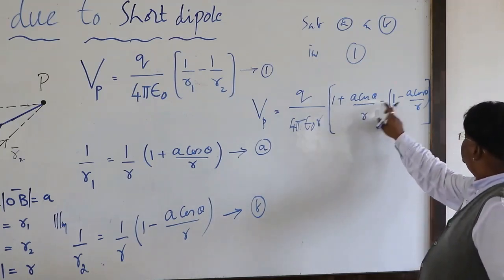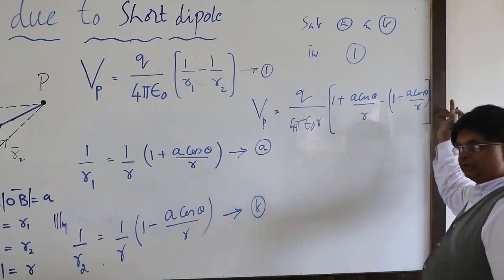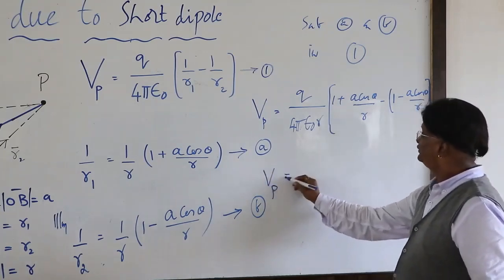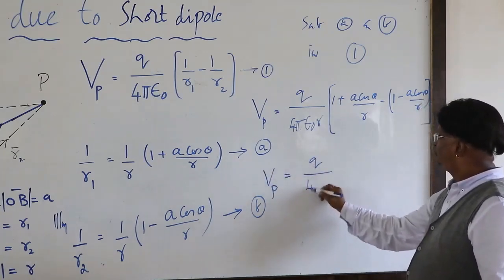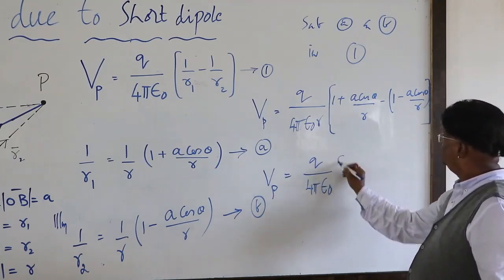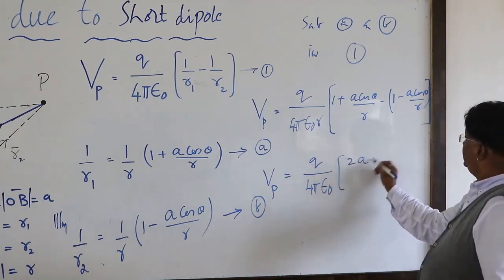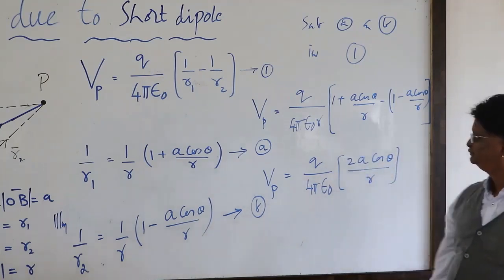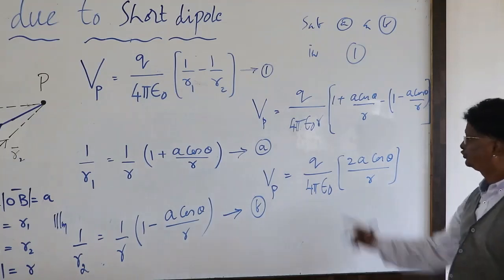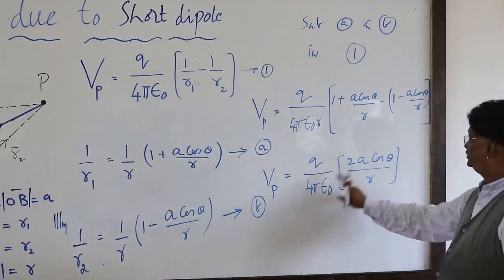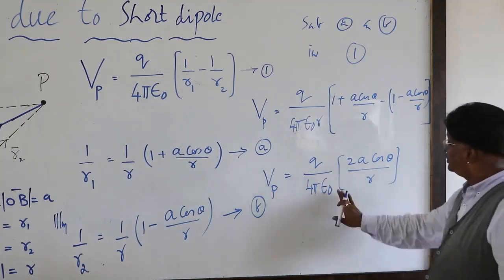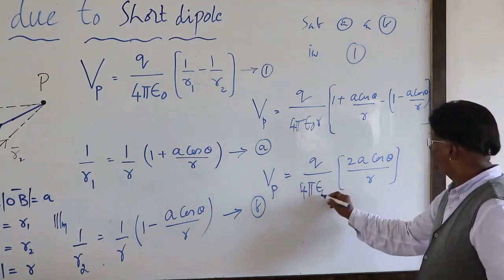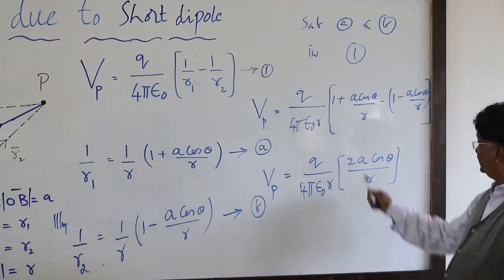This is a cos theta, negative of negative plus a cos theta, right? So that simplification you can see here. So this is Q by 4 pi epsilon naught times 2a cos theta by r. Is that okay, friends? Q upon 4 pi epsilon naught, 2a cos theta, one more r is there here, 4 pi epsilon naught r, 2a cos theta by r.